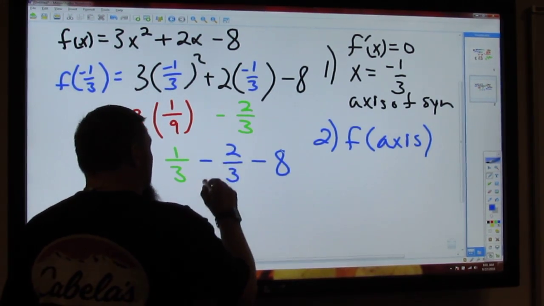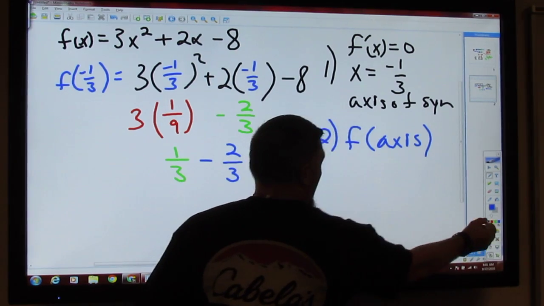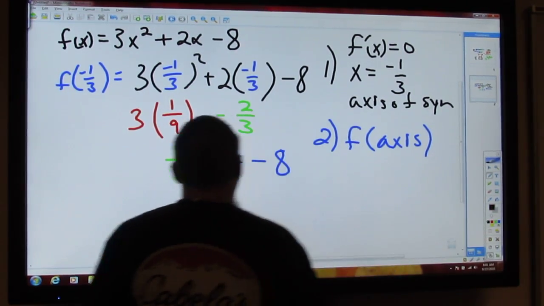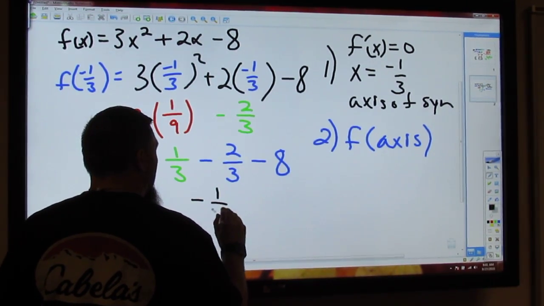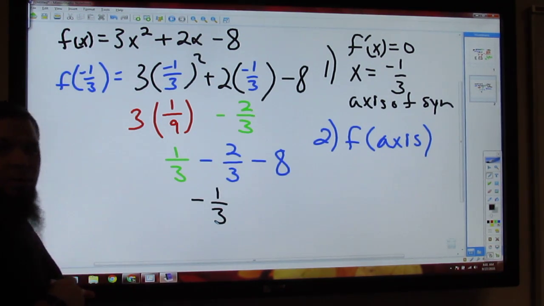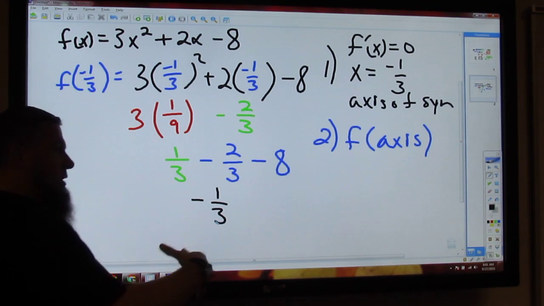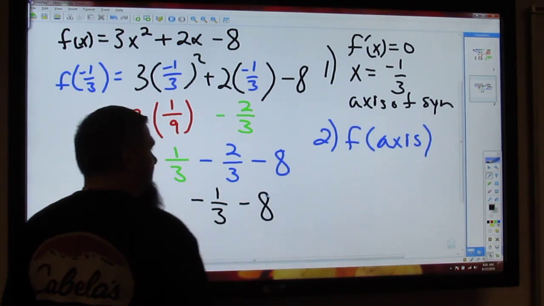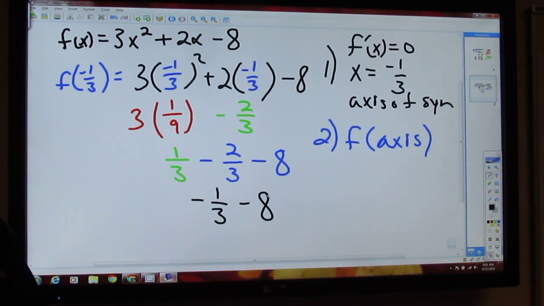So it's going to be negative 1/3. 1/3 minus 2/3 is negative 1/3, minus 8. At this point you should know that if I owe 1/3 and I owe another 8, I owe 8 1/3.